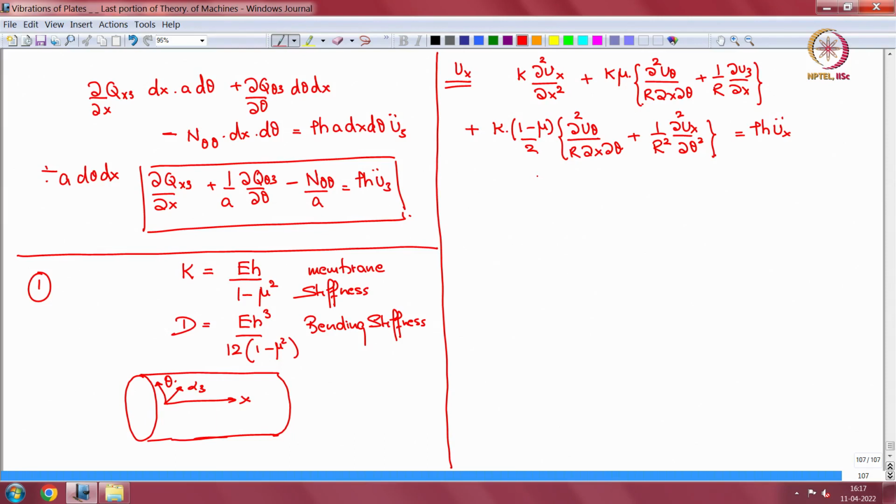Okay. Now these two can be further combined. Okay, I am not combining those, but those two can be further combined.